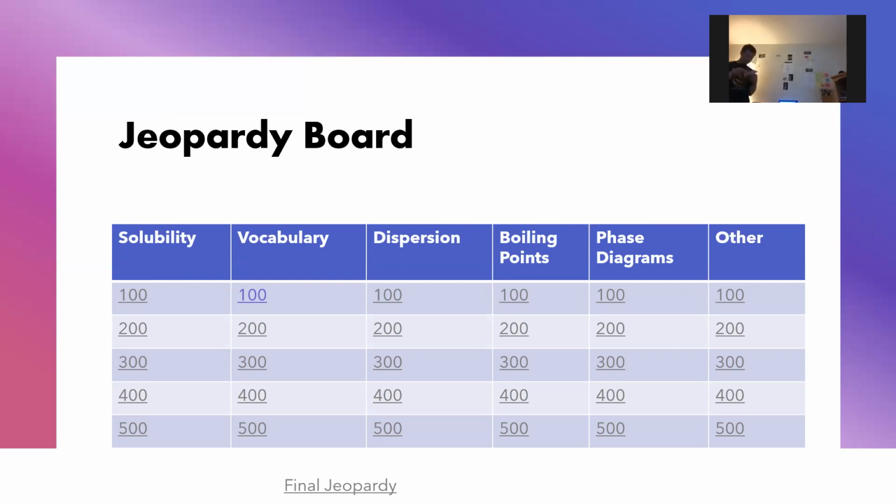Brookdale Bear, you are at $3,700. So Iodide, 3,100. Tetra, 3,000.